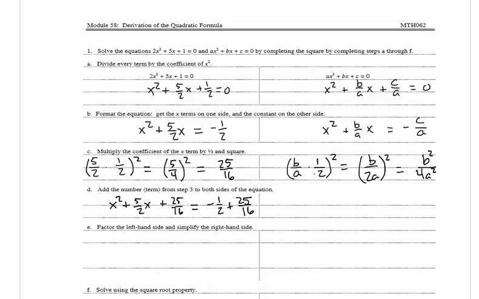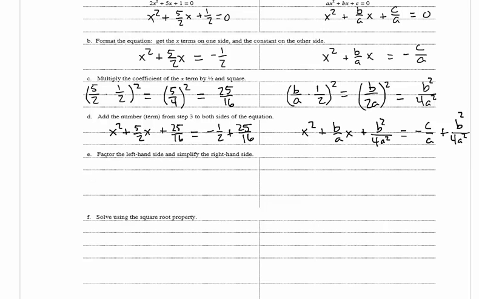And in the second equation, we're going to have x squared plus b over a x plus b squared over 4a squared is equal to negative c over a plus b squared over 4a squared.